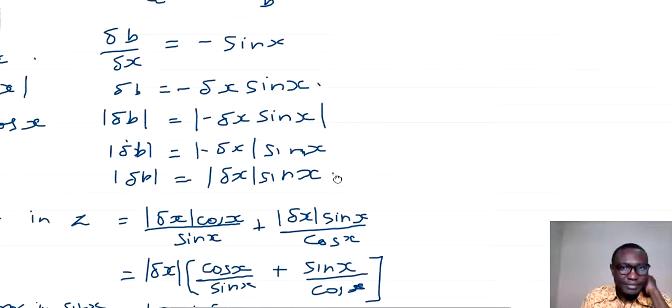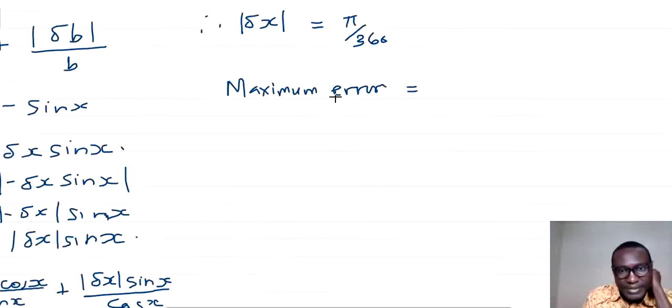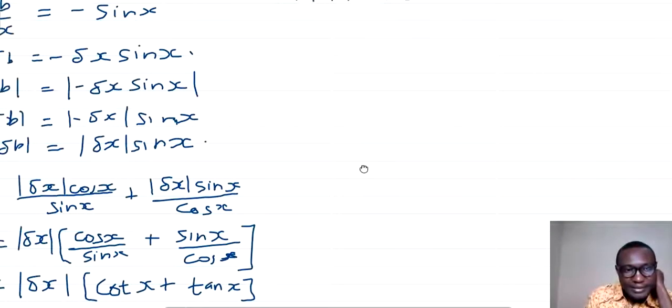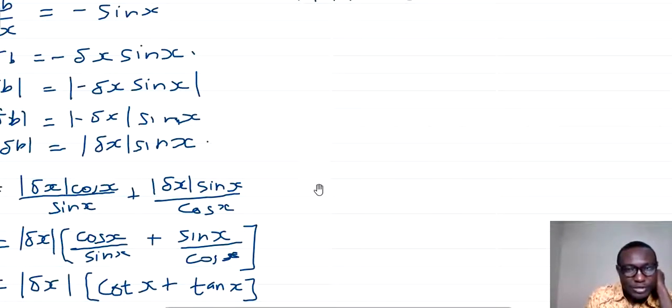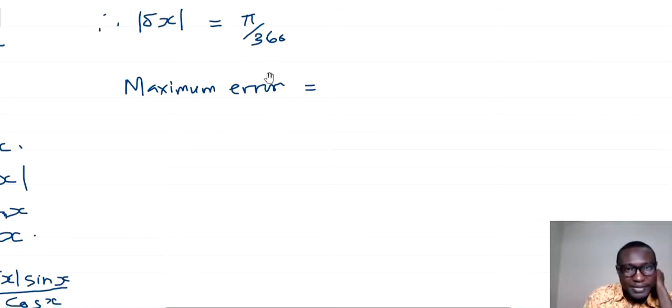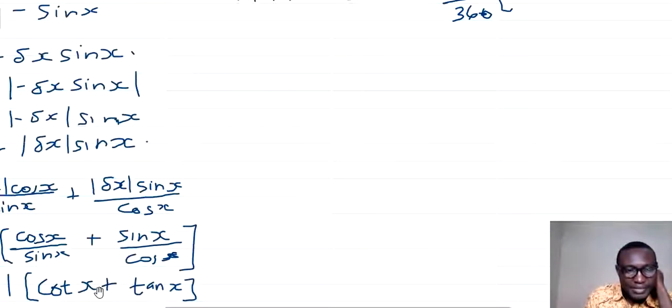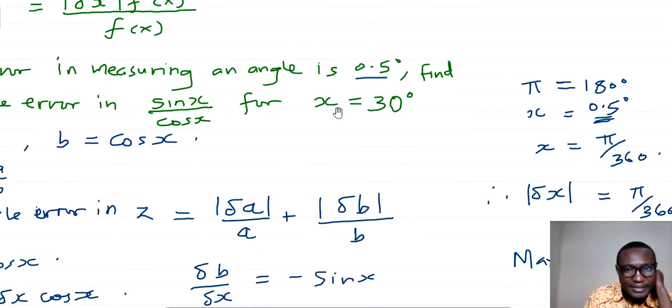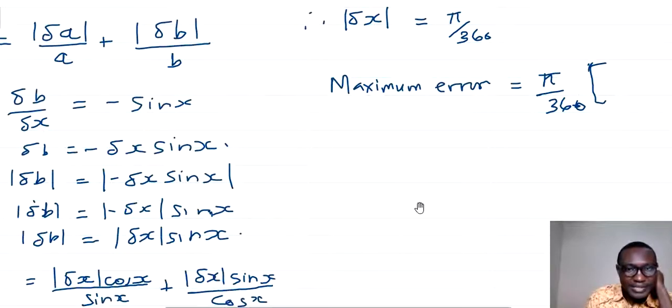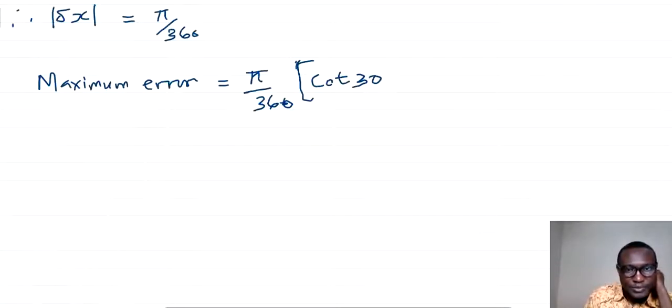The maximum error is now going to be equal to, where there is this delta x, I'm going to put pi by 360 into bracket cot x, but x is now 30 from the question here, x is 30, plus tan 30.